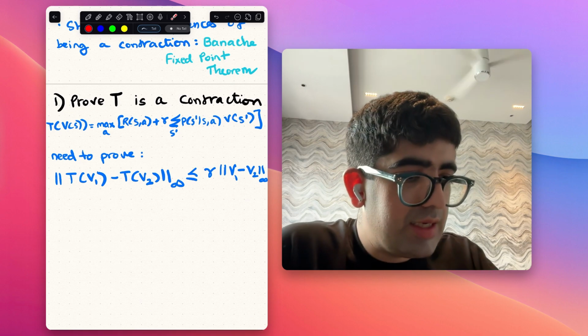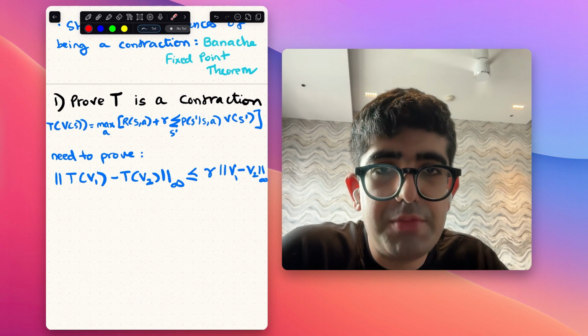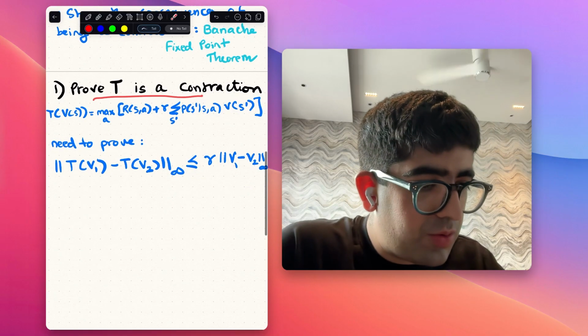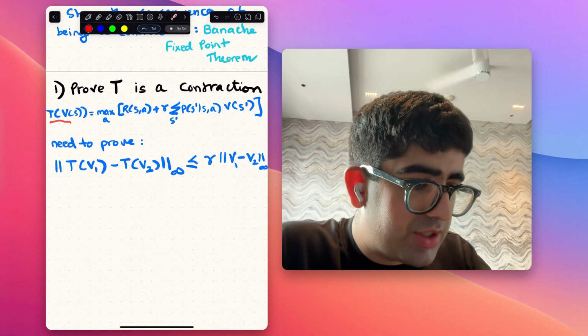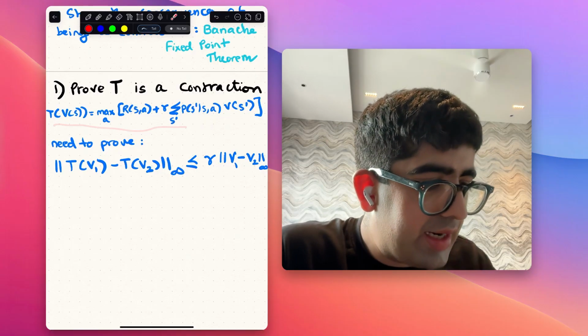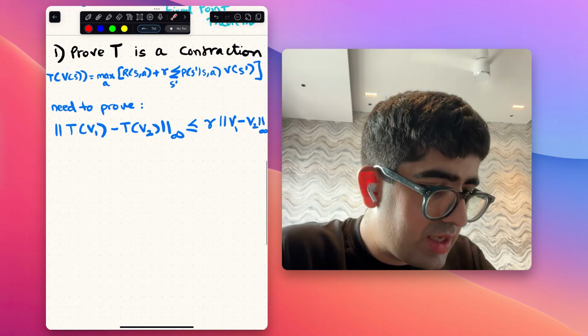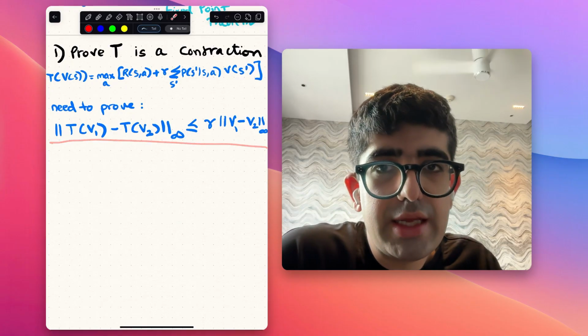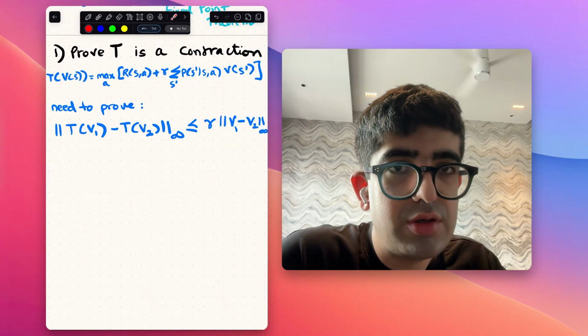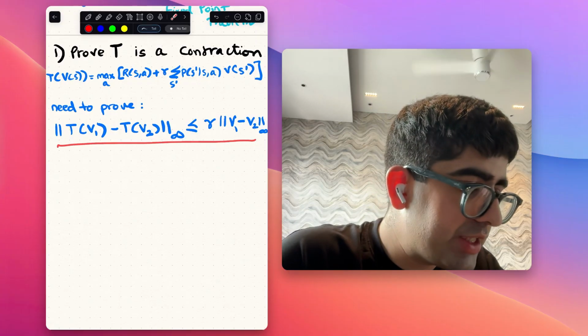Awesome. So now we first need to prove that the Bellman operator is actually a contraction. So here, this is just a definition of what the Bellman operator does. And this line corresponds to exactly what we need to prove. So this is again just a definition of what a contraction is.